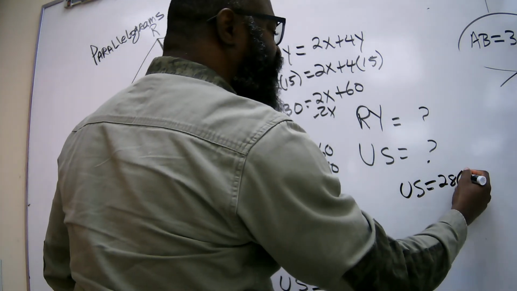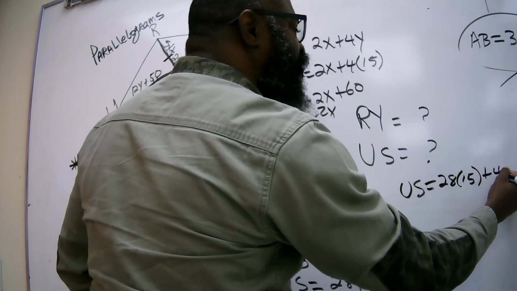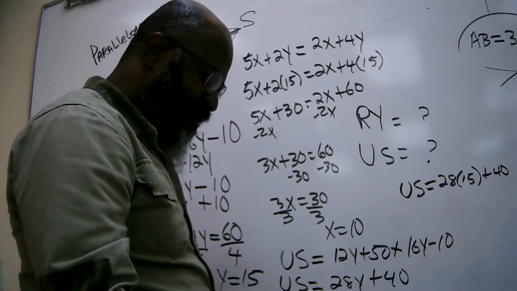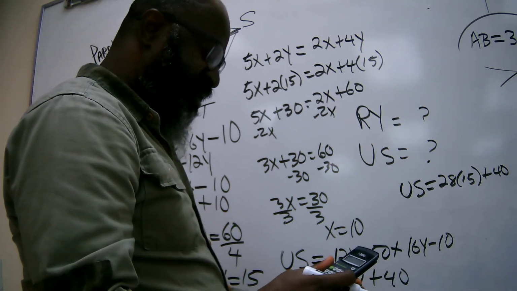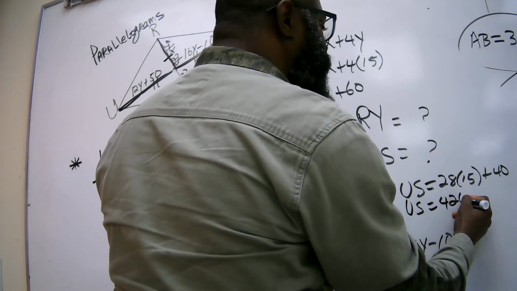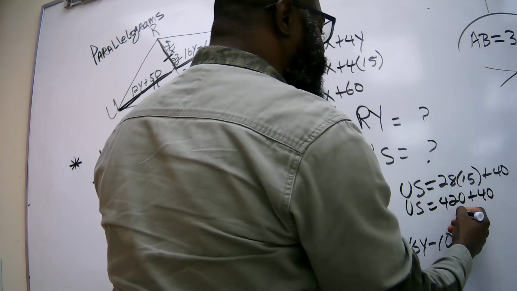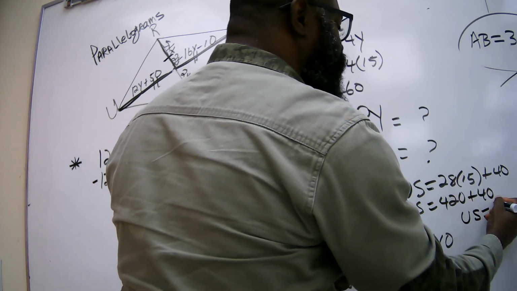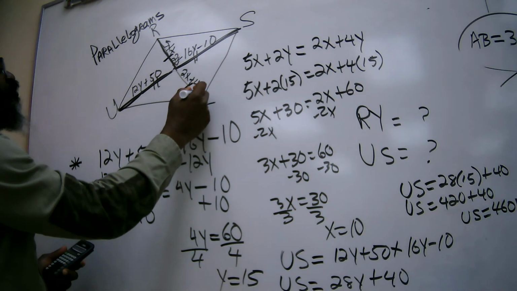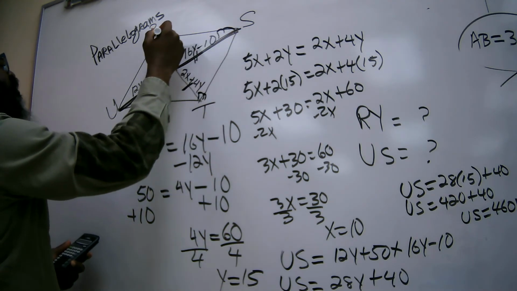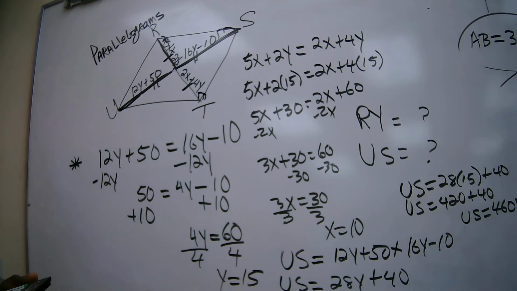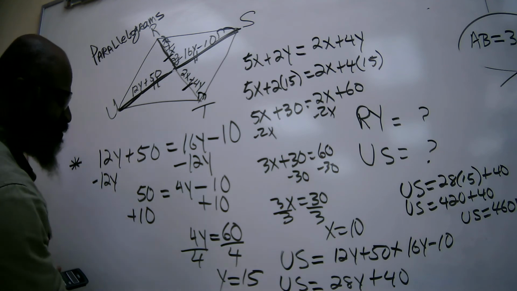Calculator, please. You get your machine, get 28 times 15 is 420 plus 40, then US is 460. It was in meters, so US is 460 meters.